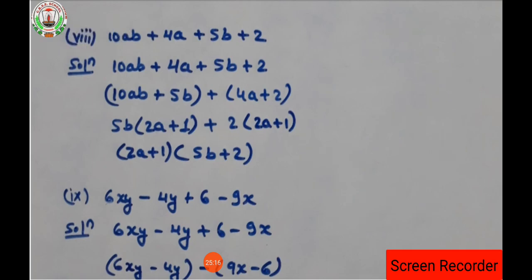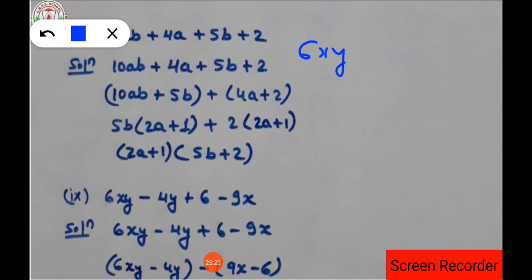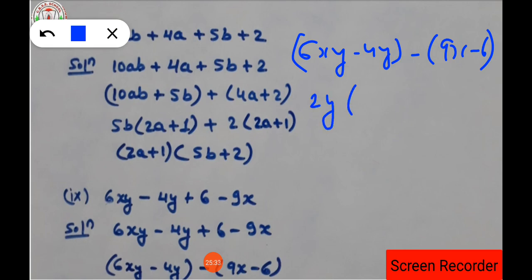Okay, once again I will solve and show you the 9th part of the question. Making the pair of 6xy minus 4y, okay, minus 9x minus 6. Clear? So taking common 2y, what is the number left out? 3x minus 2 minus, again 9 can be written as 3 into 3 and 6 can be written as 2 into 3.